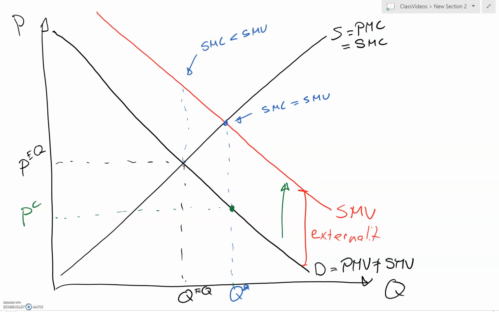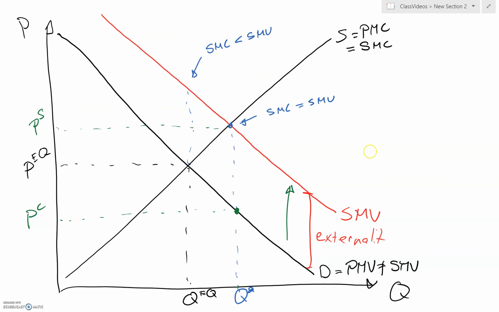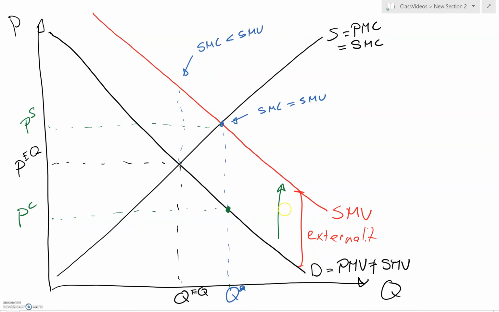Then we need sellers to produce this quantity, so we need the price sellers receive to be up here. The way the government is going to achieve that is by subsidizing the market by this much, right? The height here is the subsidy.